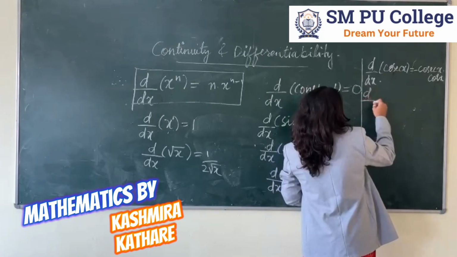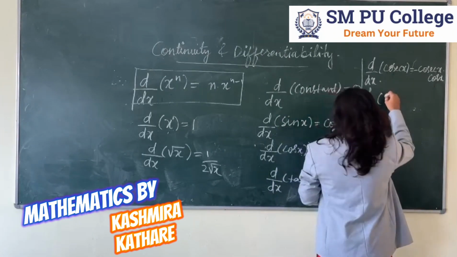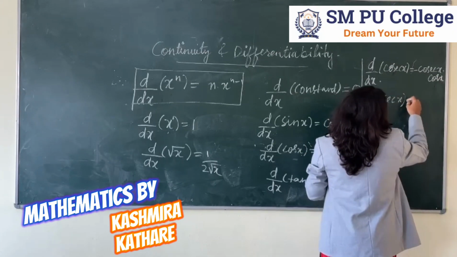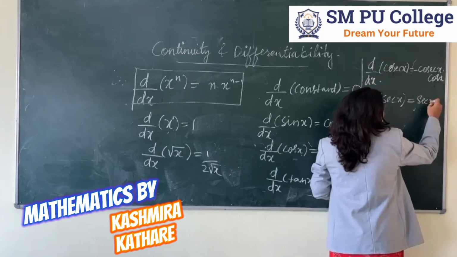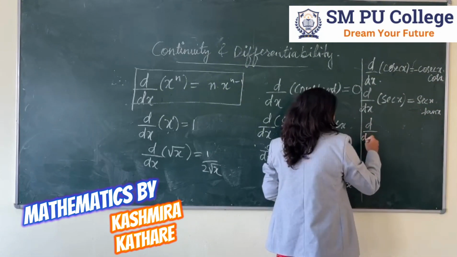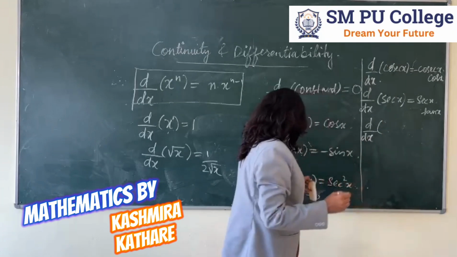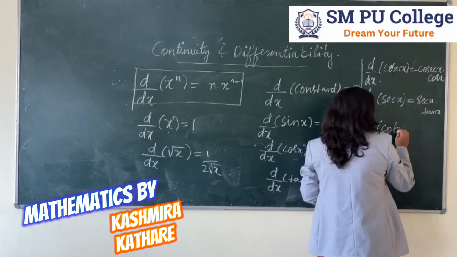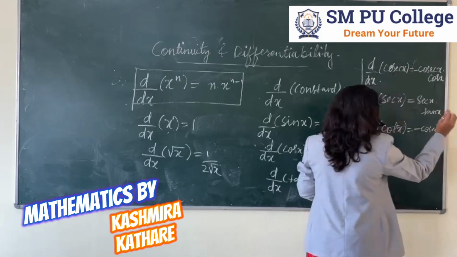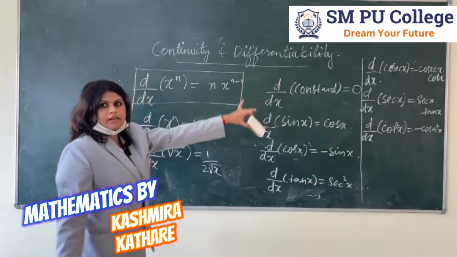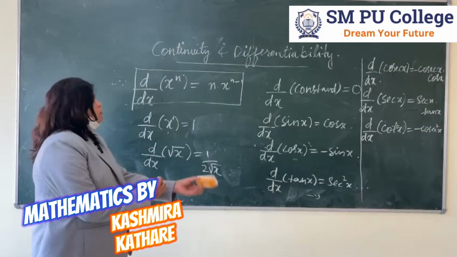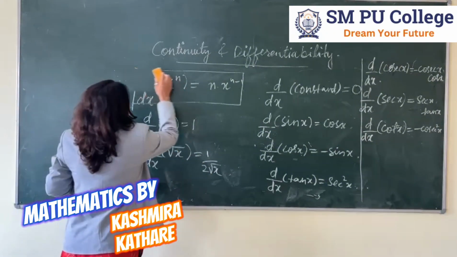Differentiation of the reciprocal of cos, sec x, is sec x into tan x. Differentiation of the reciprocal of tan x, cot x, is minus cosec square x. So these formulas are very important in solving the complete differentiation chapter. So first we'll go with the problems.